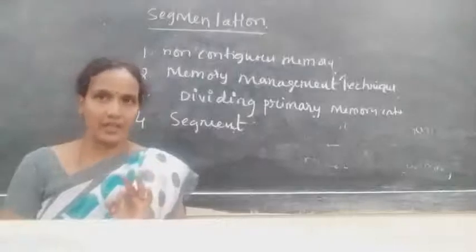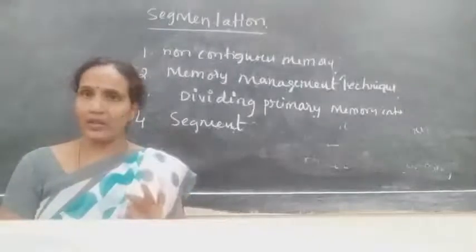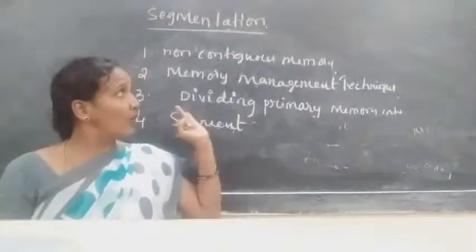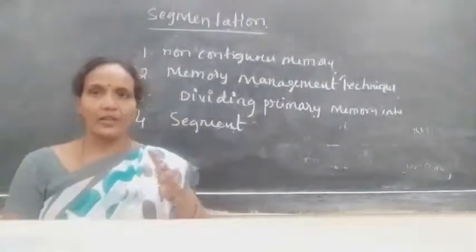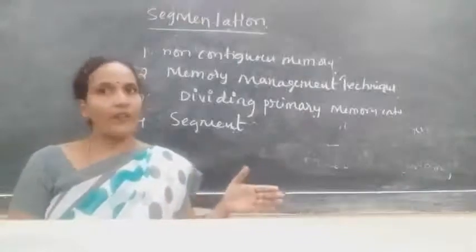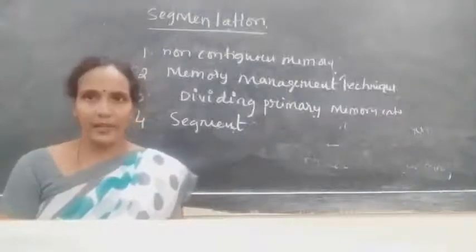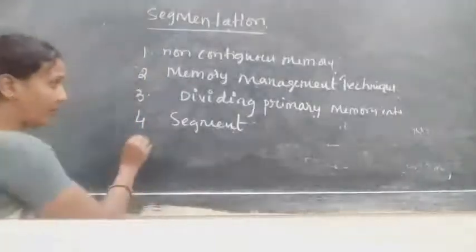What are the points? It is a non-contiguous memory allocation and a memory management technique. Whatever primary memory is there is divided into different parts, and each part is called a segment.